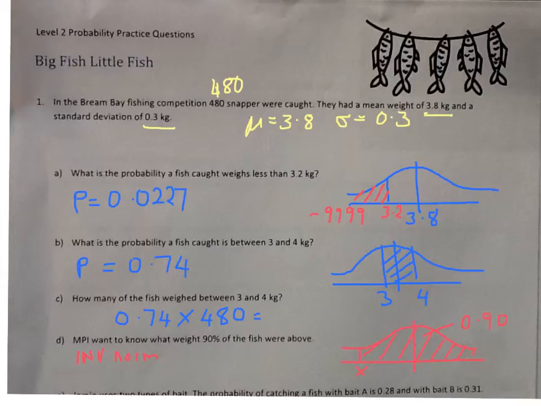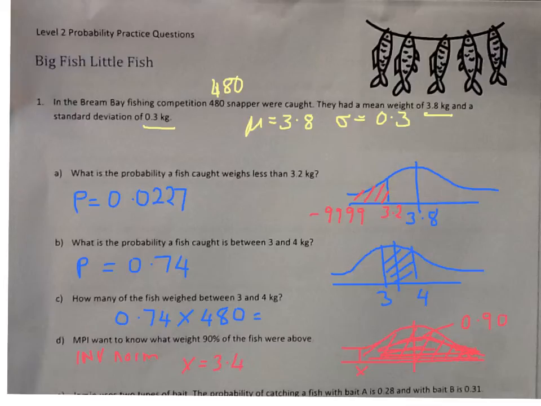I've shaded in that right hand side completely and some of the center. So right tail, my area is 0.9, standard deviation 0.3, mean 3.8, execute, and it gives an x value here. This x value equals 3.4.